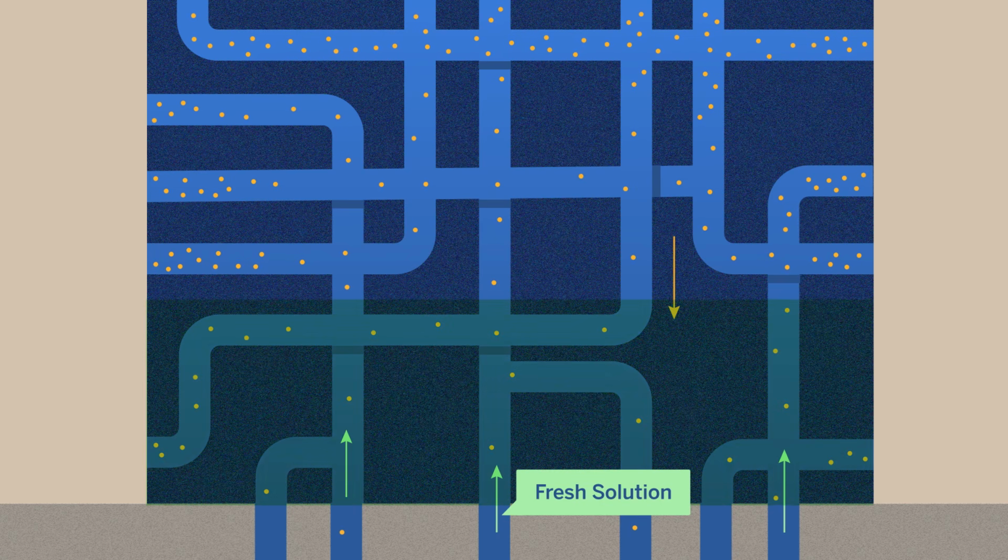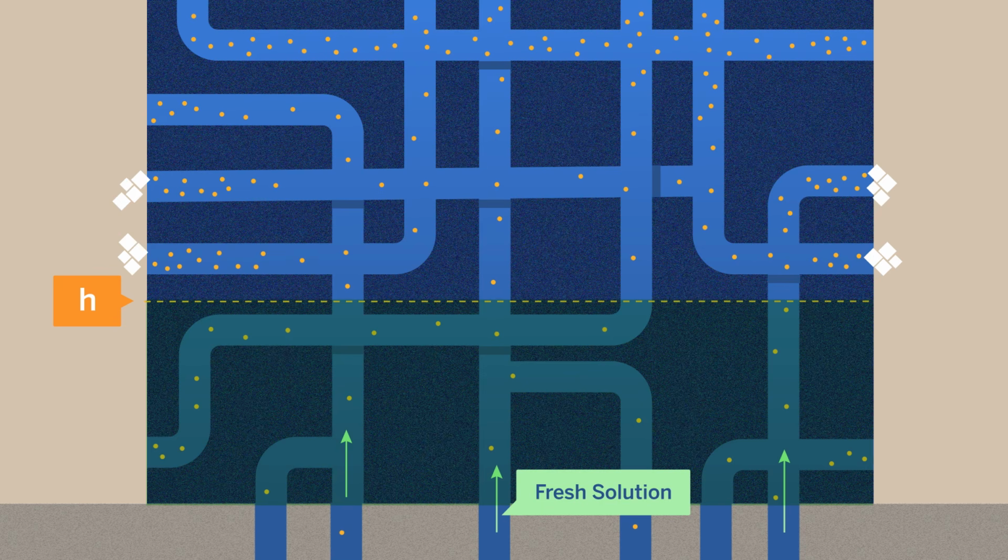As shown here, this leads to a wet layer at the base of a masonry element without precipitation of solid salts. Above this height, the rate of supply of fresh solution is too slow compared to evaporation, so the salt concentration rises and precipitation takes place on the surface of the element.